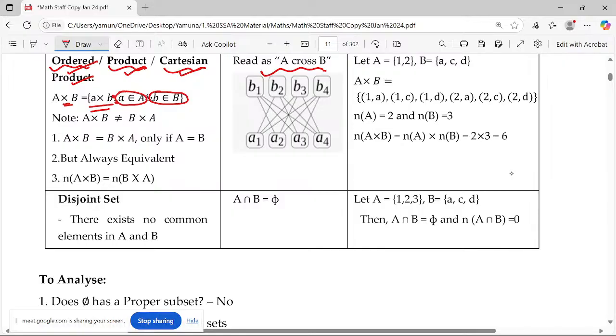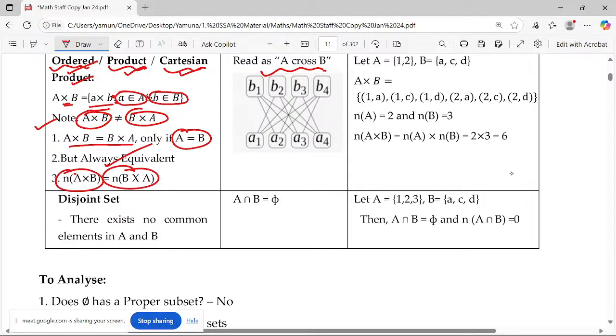Okay, so we call this a Cartesian product. And also you have to make a note that A cross B is not equal to B cross A. The only case where A cross B will be equal to B cross A is when A and B are equal sets. But they are always equivalent, which means the cardinal number will be the same.